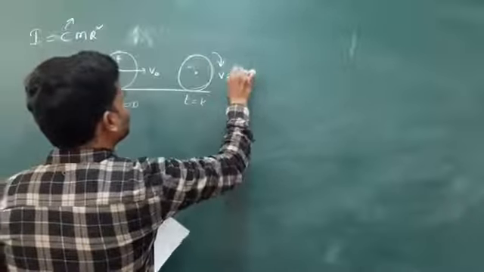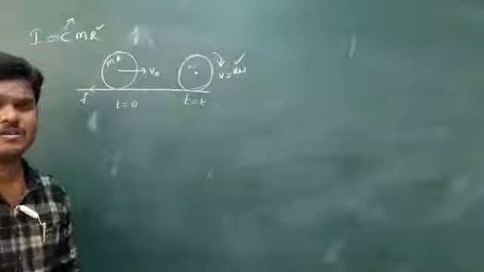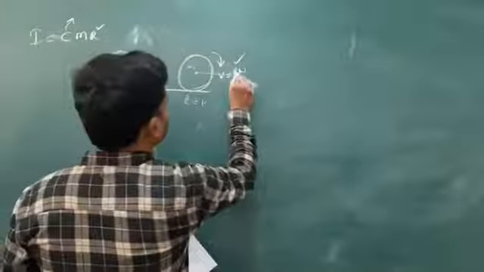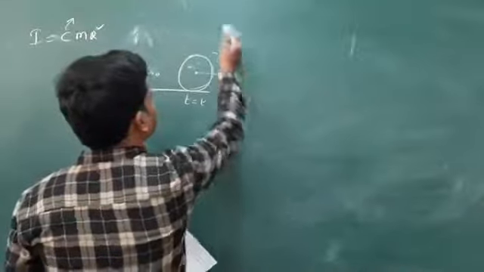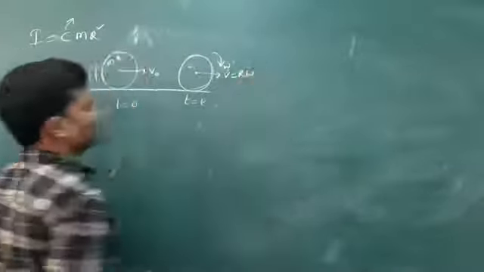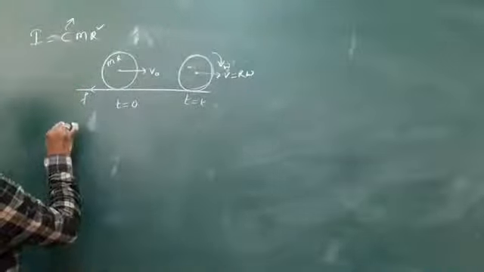So v equals r omega definitely is satisfied, because whenever pure rolling starts, frictional force is 0, then v equal to r omega must be satisfied. So this moves with an angular speed, and v is equal to r omega. Anyhow, just write the two equations.